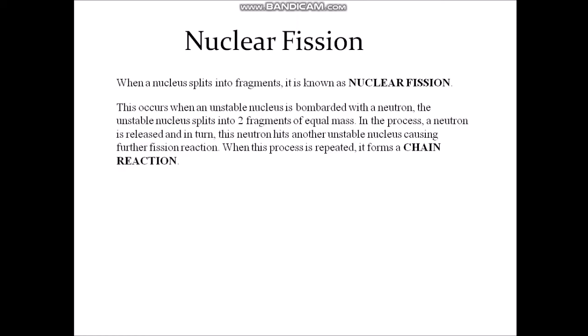This occurs when an unstable nucleus is bombarded with a neutron. So you take an unstable nucleus and agitate it with a neutron. This unstable nucleus will split into two fragments of equal mass or maybe of different mass, but normally it's of equal mass.